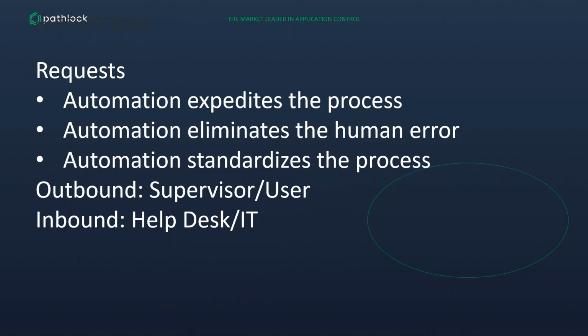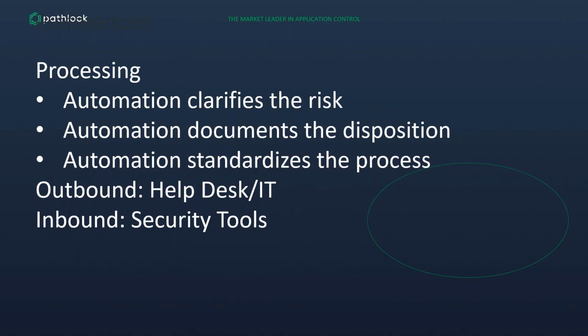So from an outbound perspective, a supervisor user putting that data into the system is the one pushing it out of their queue and into the help desk or IT piece. That automation allows for a quicker response time. And then if we get into the processing side of things, right? The automation piece clarifies that there isn't risk associated with whatever is in play today.